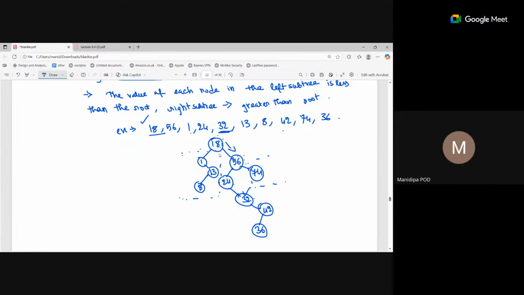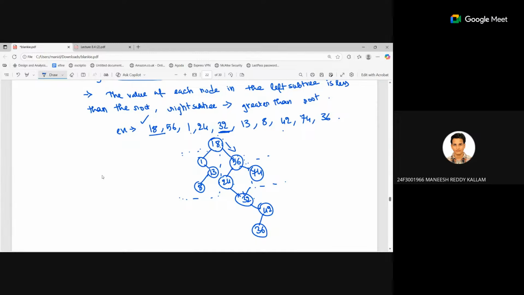So that means to search an element, the best case complexity is log n. It is like a binary search. In binary search, what do we do? Anyone knows the algorithm? We choose a middle element, and if it matches what we wanted to search, we pick that element.